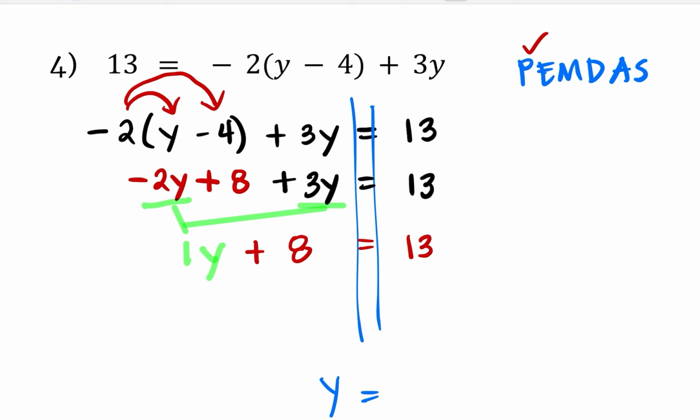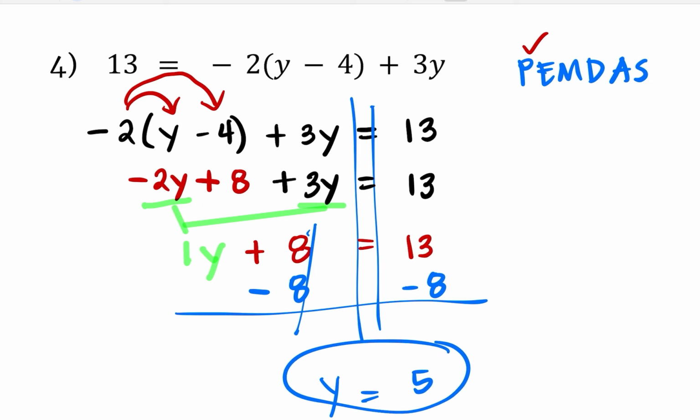We want to get y by itself, so the inverse of a positive 8. So we want to get rid of that positive 8 by doing its inverse, and that's minus 8 and minus 8 on the right-hand side of the equation. That cancels out, which will leave us with y equals positive 5.